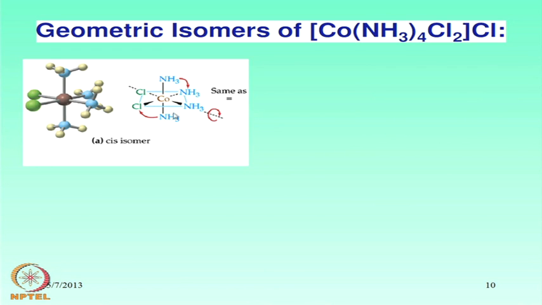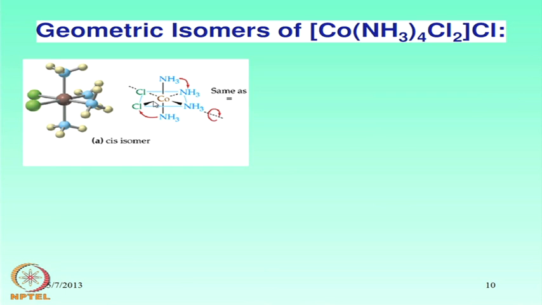So, now we see that this particular cis isomer is a little bit different from the square planar arrangement, where we consider this particular square plane, where by definition for the platinum compound the chlorine metal chlorine bond should be 90-degree.